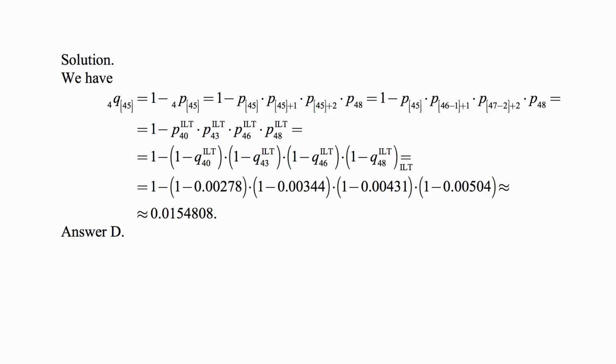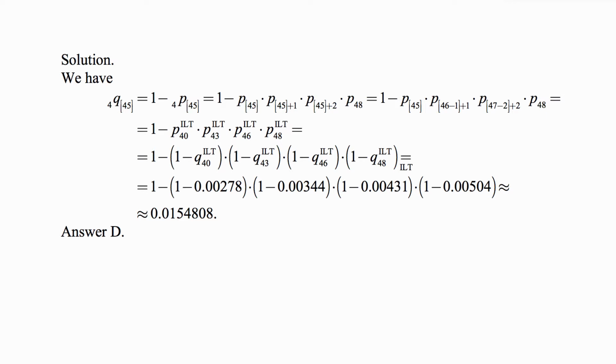And based on the information we have, that's the same as 1 minus p select age 45 times p selected at 46 minus 1 and then plus 1, times p selected at age 47 minus 2 plus 2, and then finally times p48.